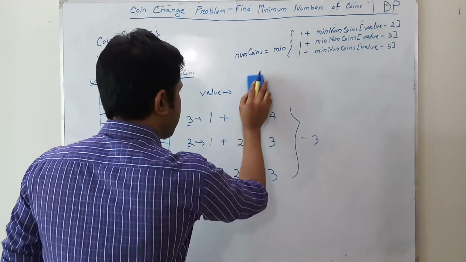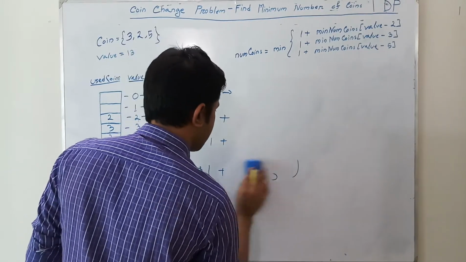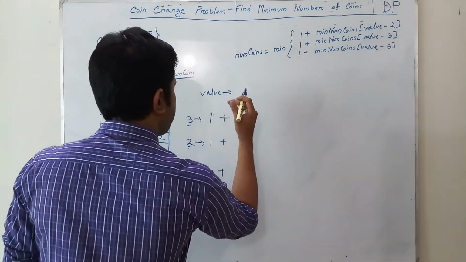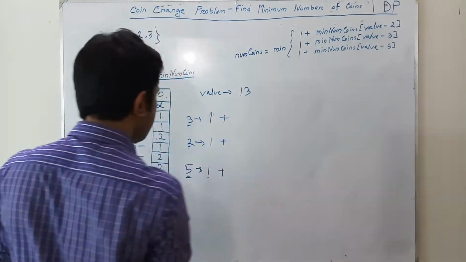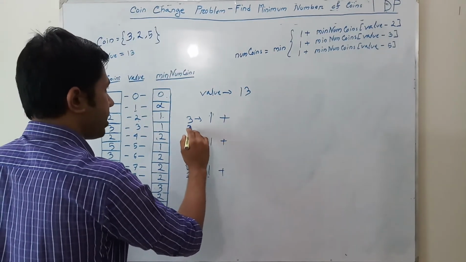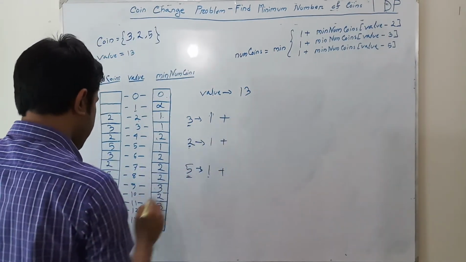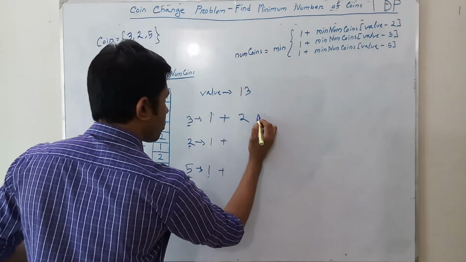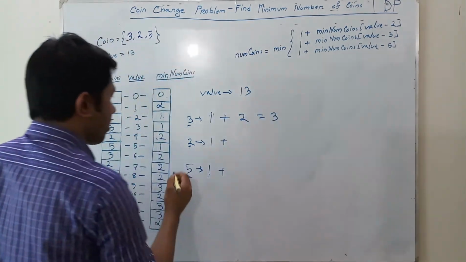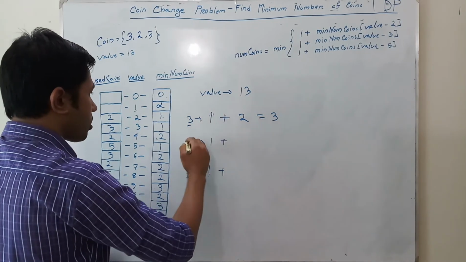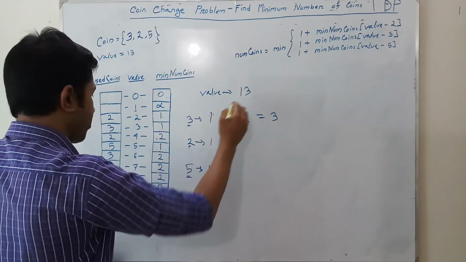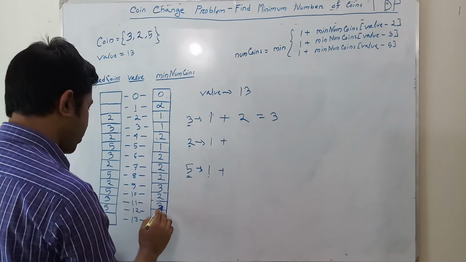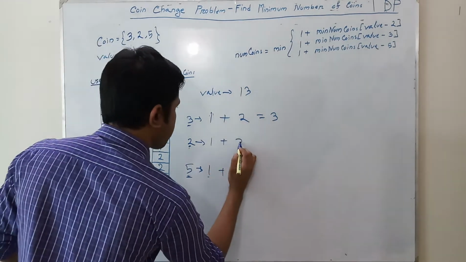When the value is 13, our target value, after using the denomination 3, we have remaining value 10, and for 10 the minimum number of coins is 2. So here it will be 3. After using the denomination of the coin 2, we have remaining value 11. For 11 the minimum number of coins we need is 3.